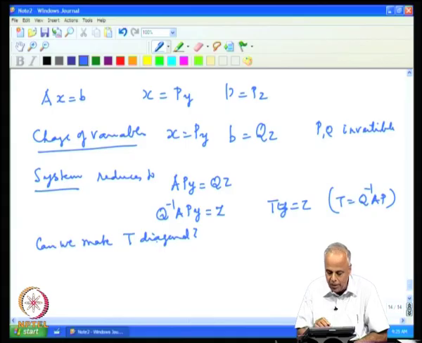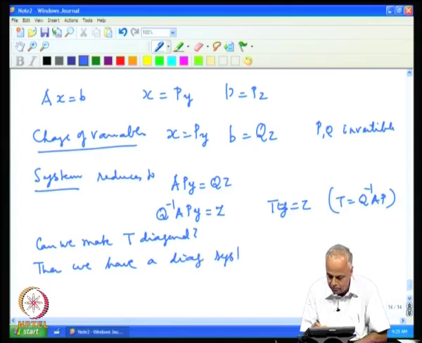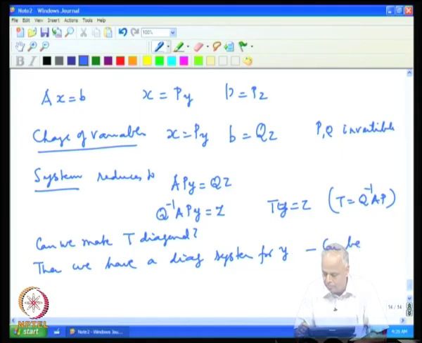And if by chance we can find a Q and a P such that Q inverse A P is diagonal, then we have a diagonal system for y and therefore, it can be easily handled. And once we have handled it, we have naturally got x because x is equal to P y.